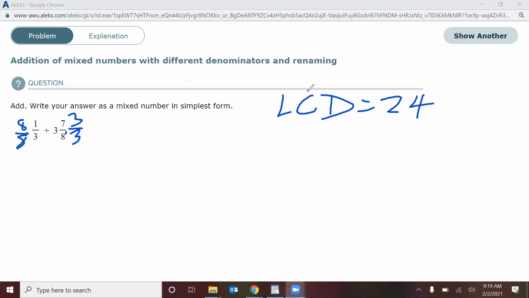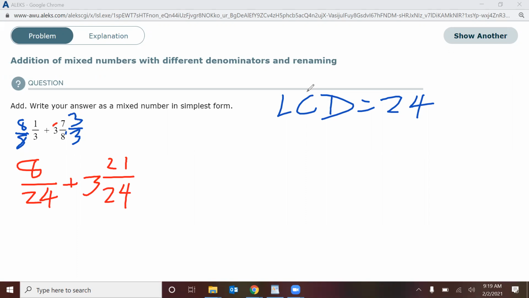Now I can rewrite both numbers. 8 times 1 is 8, and 8 times 3 is 24. For the mixed number, 7 times 3 is 21, and 8 times 3 is 24.